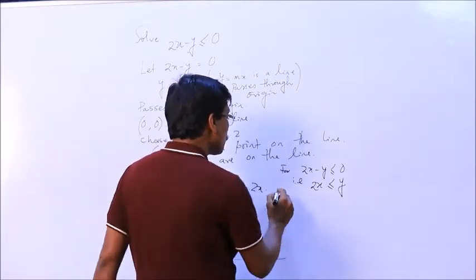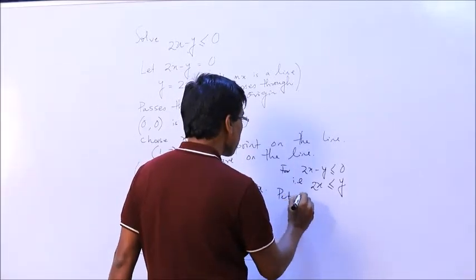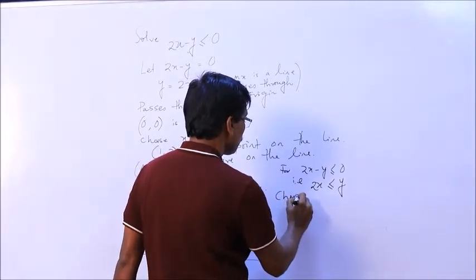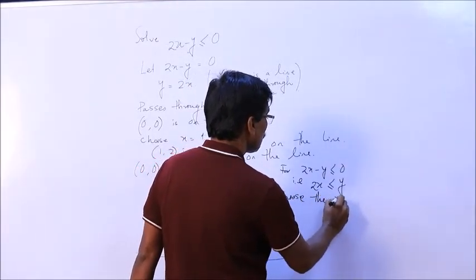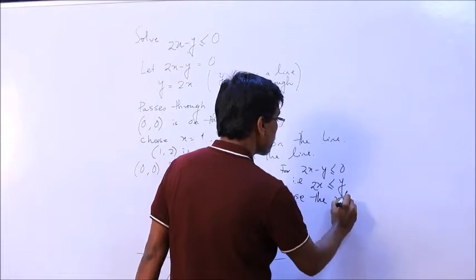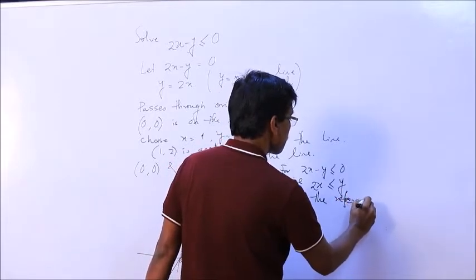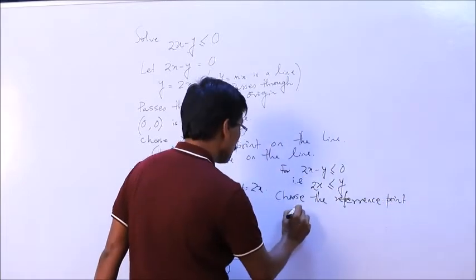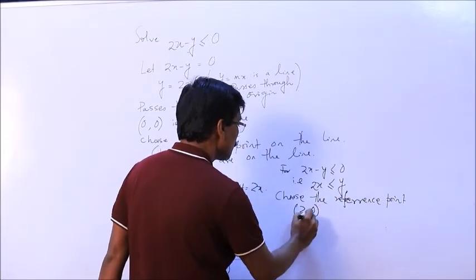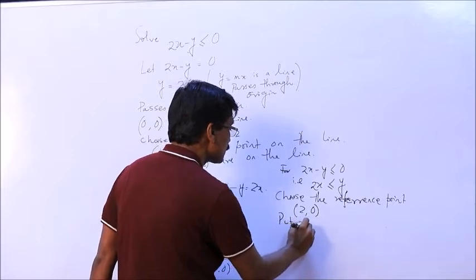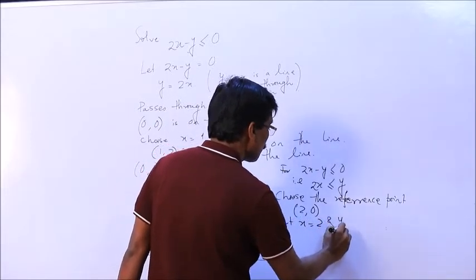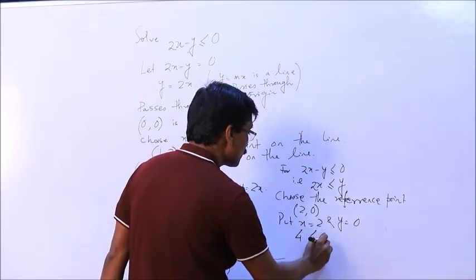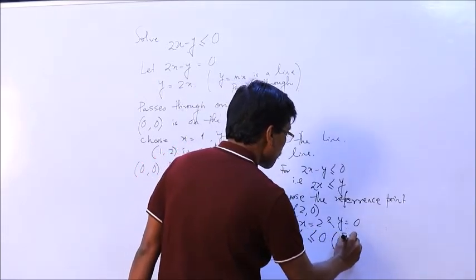So, if we choose the reference point 2 0, then obviously if we put x is equal to 2 and y is equal to 0, that is 4 less than equal to 0, obviously it is false.